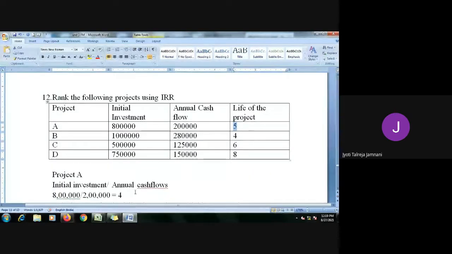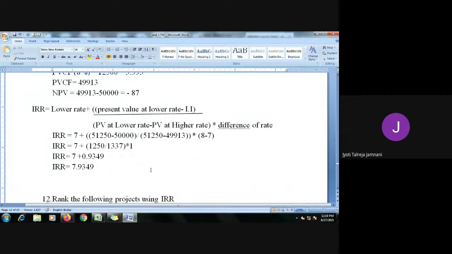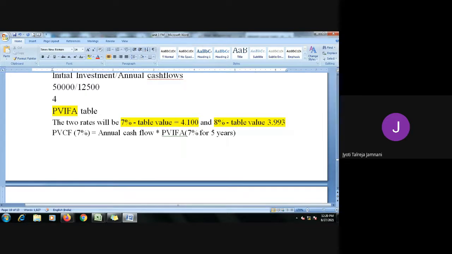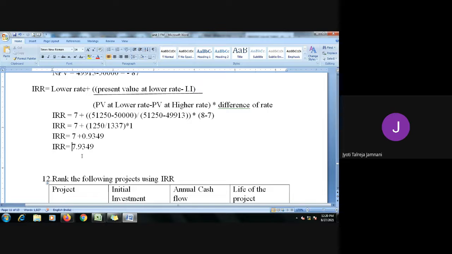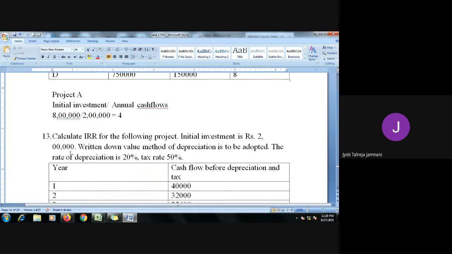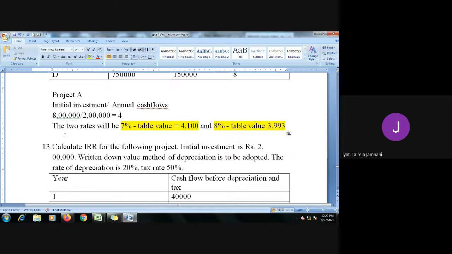If anybody has any doubts, please ask. The two rates will be 7% with table value 4.100 and 8% with table value 3.993.